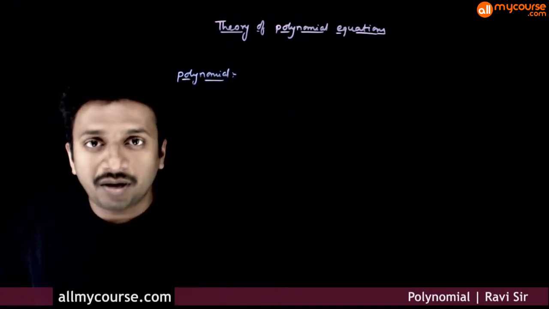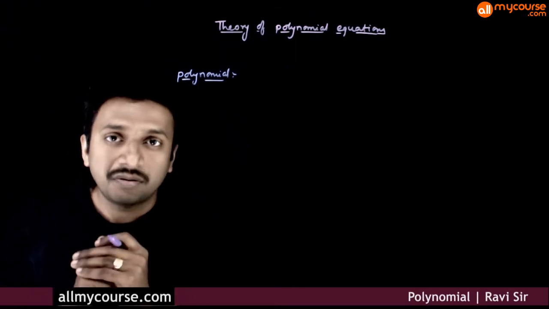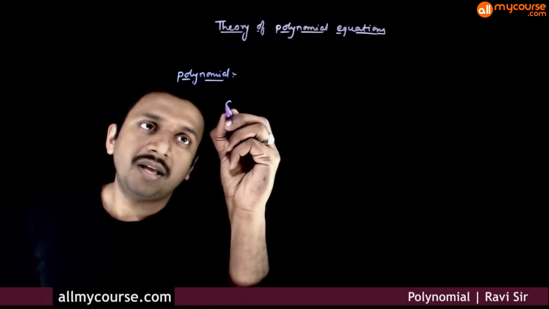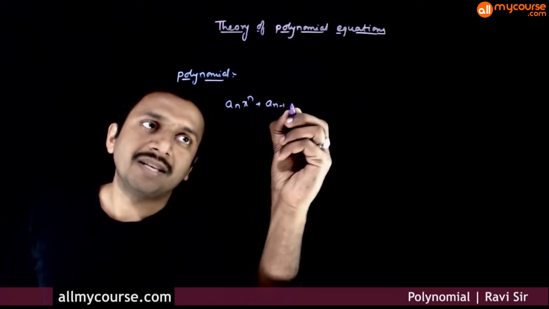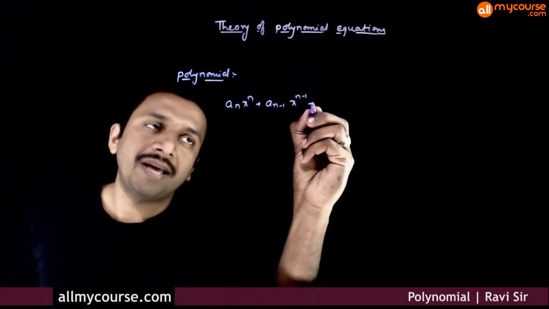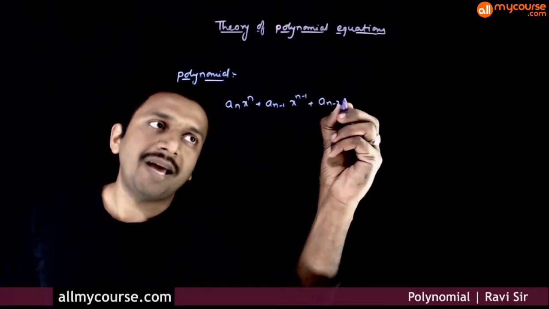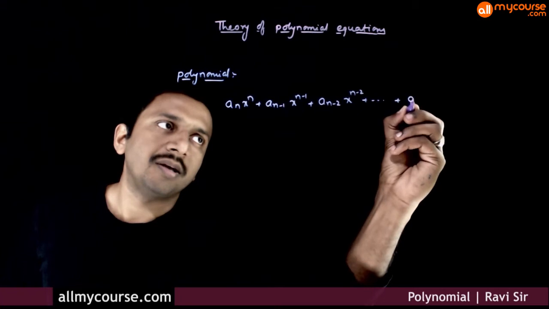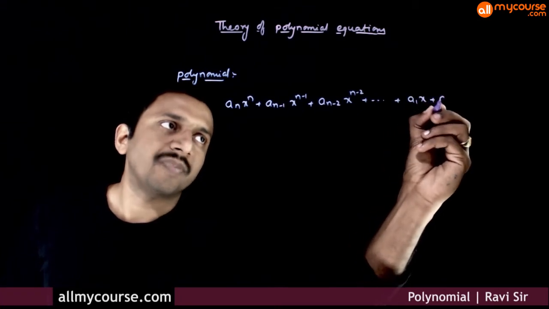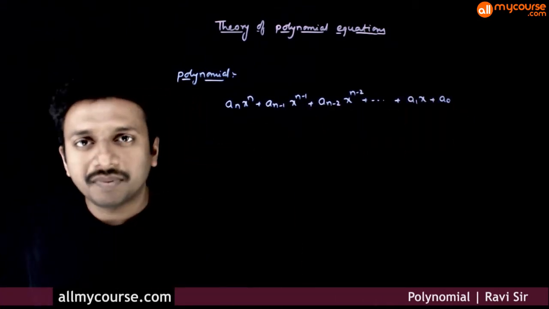So a polynomial is an expression of the form a_n x^n + a_(n-1) x^(n-1) + a_(n-2) x^(n-2) + and so on, plus a_1 x plus a_0.